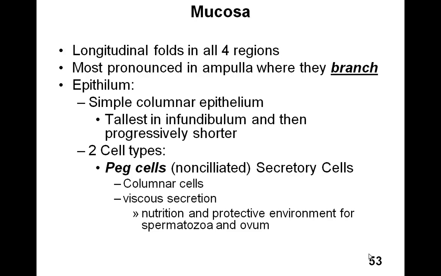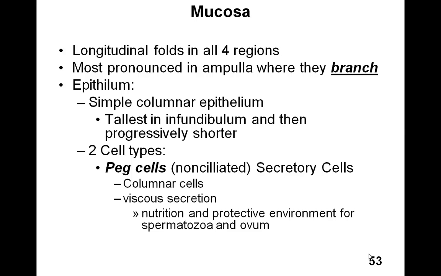There are peg cells. Now, these peg cells are not going to have any cilia on their free surface. These are cells that secrete a fluid. It's a rather sticky, viscous type of material, and within this secretion, we're going to find some nutrients that are going to help to meet the nutritional and metabolic requirements of the ova as well as the sperm as they're moving through the oviduct.